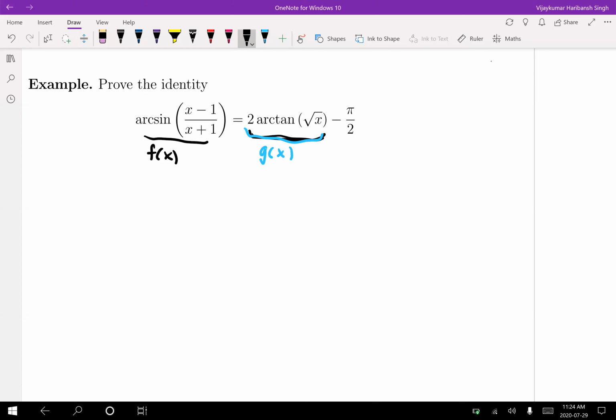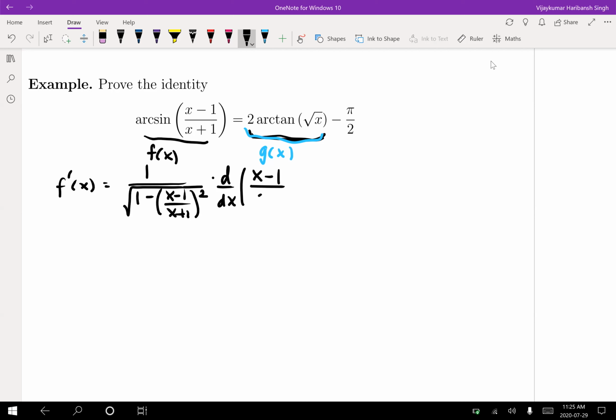Now, what is f prime x? f prime x is 1 upon square root of 1 minus (x minus 1 upon x plus 1) squared, multiplied by d by dx of x minus 1 upon x plus 1.